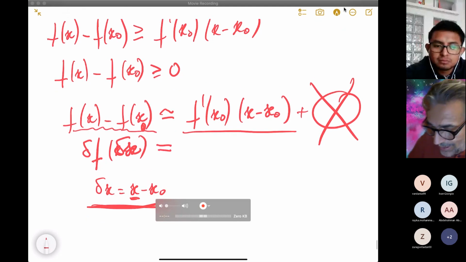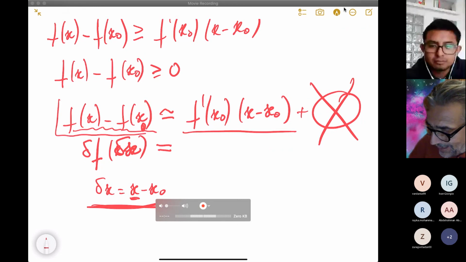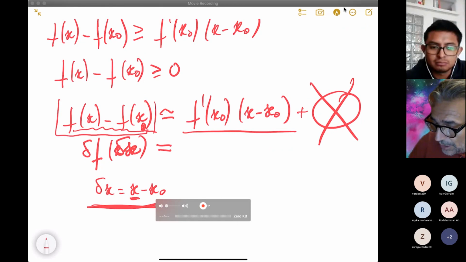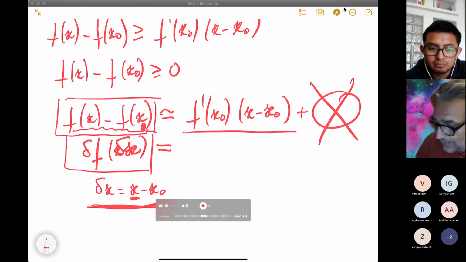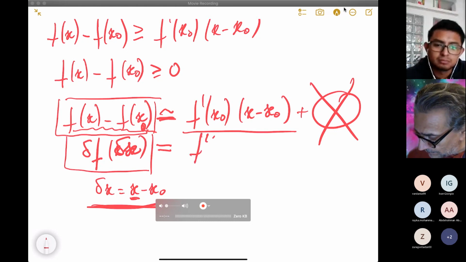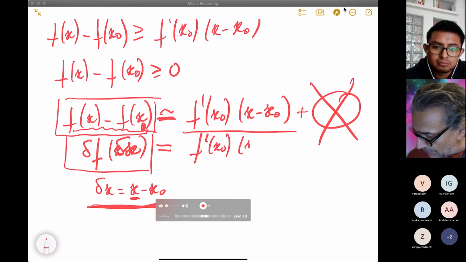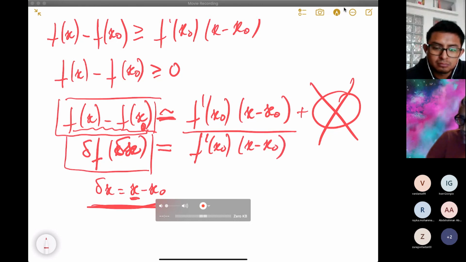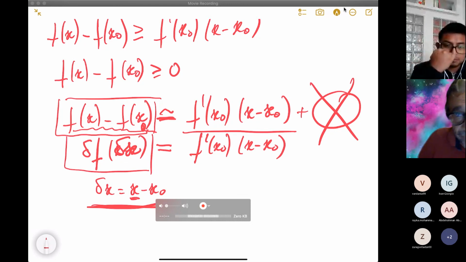So look at the difference. This is the finite increment of f. This is the first increment of f. Here you have nearly equal, and here you have equal, because this is a definition. This is the first variation of f.